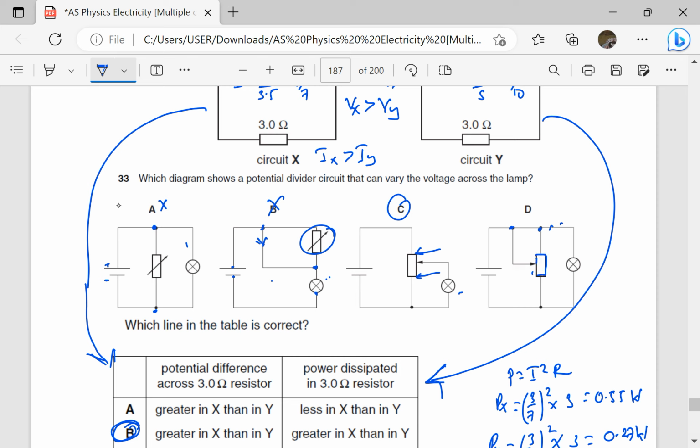Whether you move the contact to and fro, there will be no effect. So this one is also not going to vary the PD across the lamp. So our answer there is going to be precisely C.